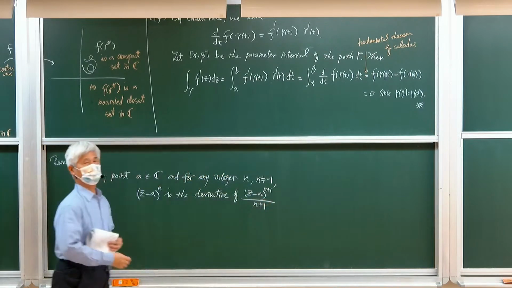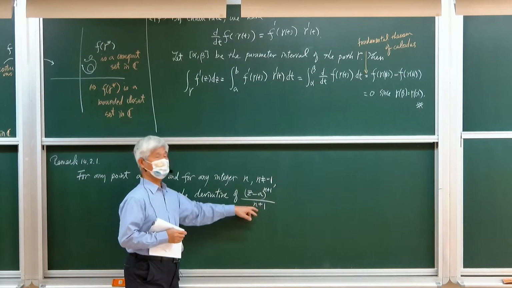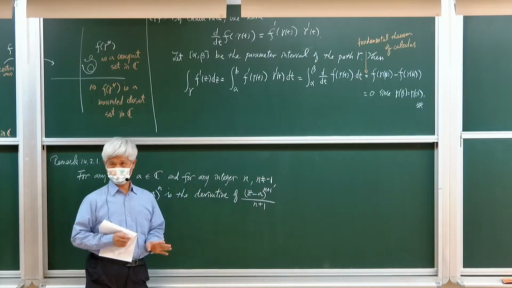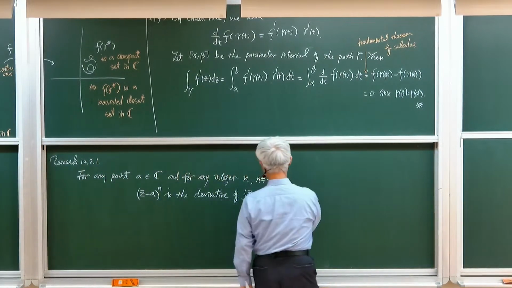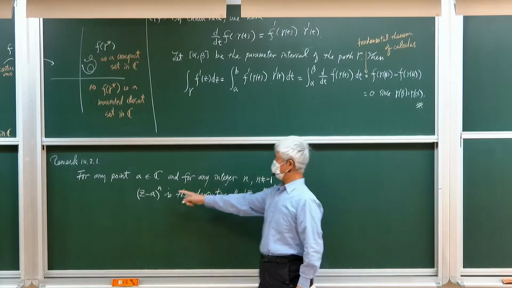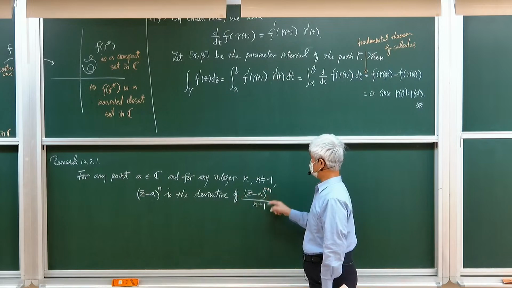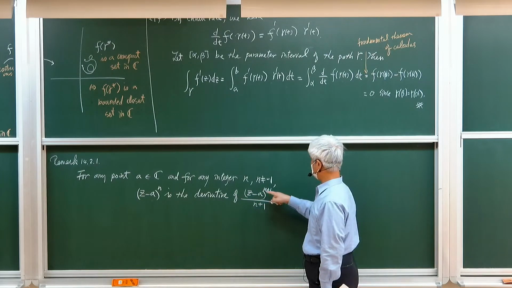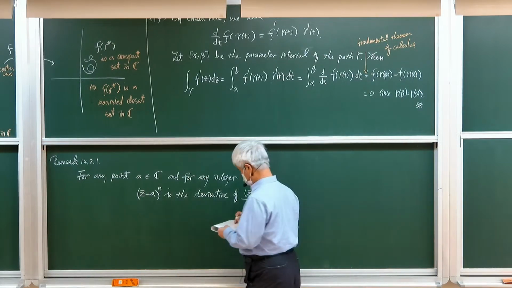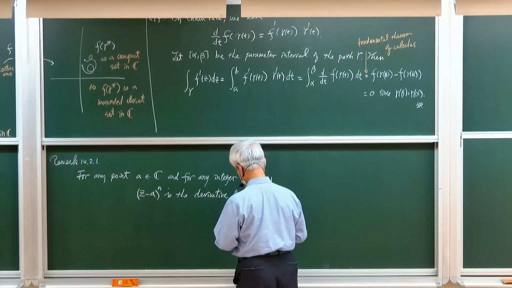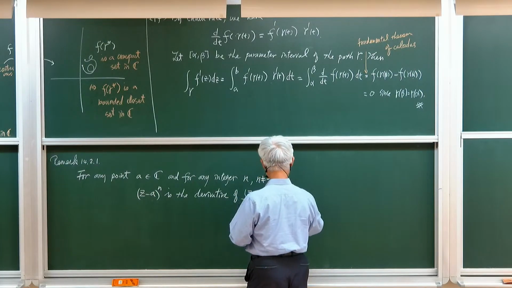So n cannot be -1. Why? Because if n equals -1, the denominator is 0 and it is not defined. So for any n not equal to -1, this is just the derivative of such a polynomial.